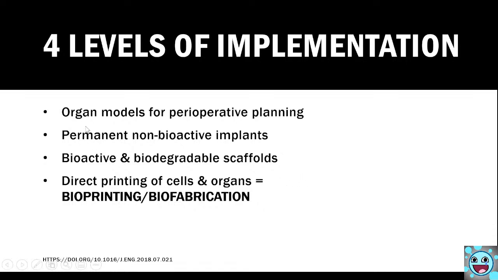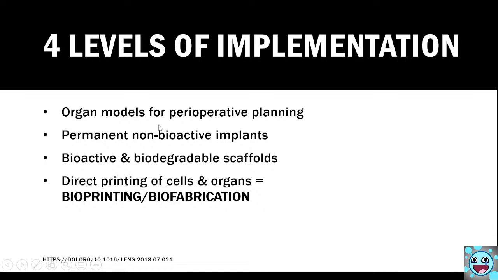So there are 4 levels of how to implement 3D printing in medicine. The lowest one that we can do with low-end printers or budget printers is creating organ models for pre-operative planning.